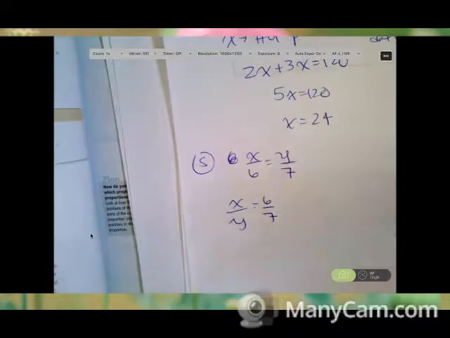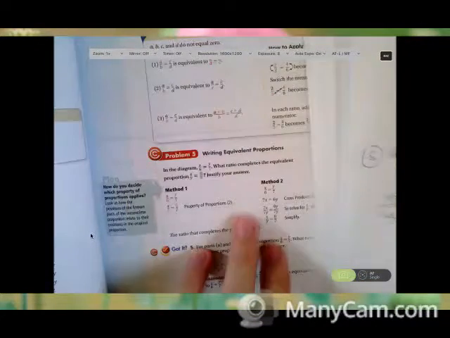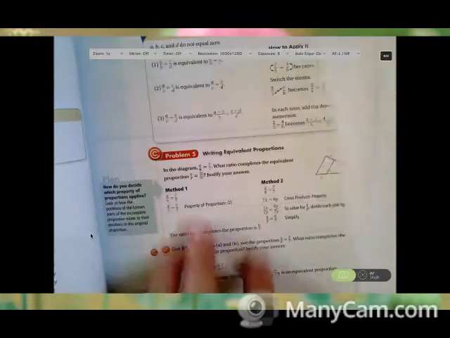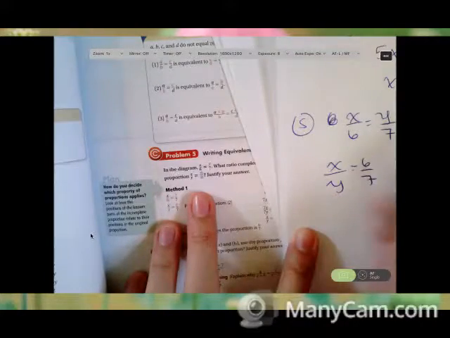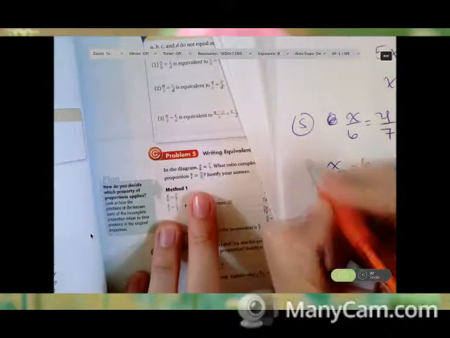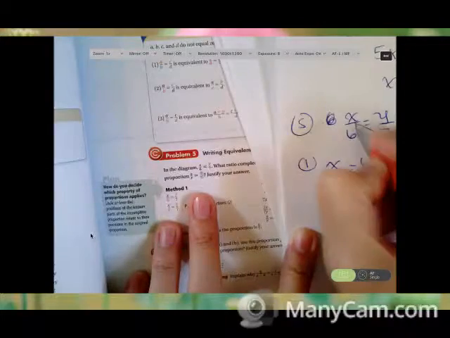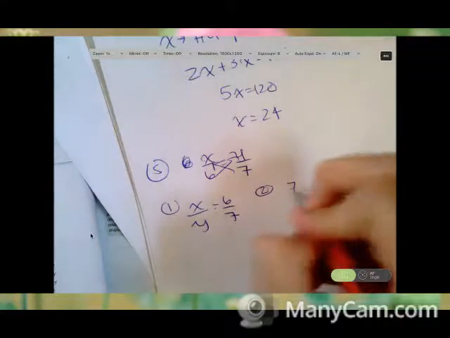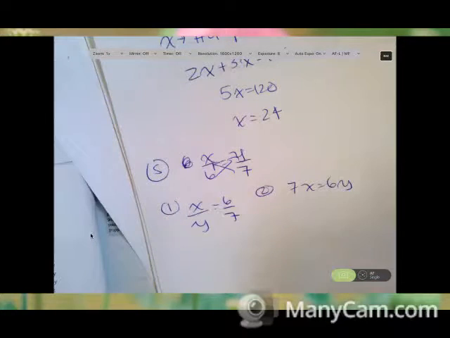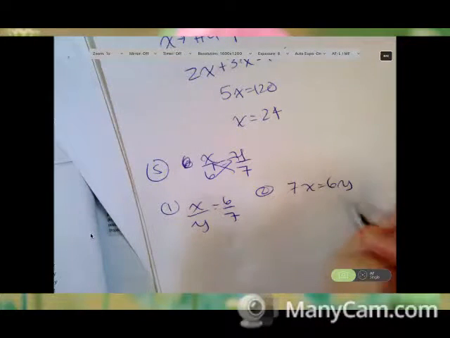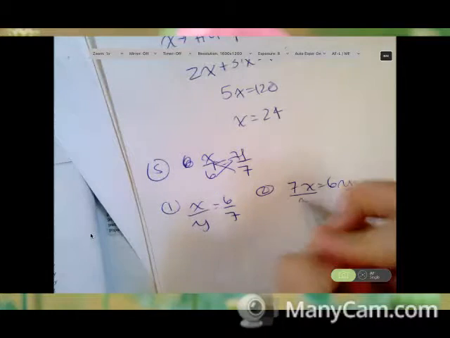Now, to look at it without the picture, you can simply solve for x over y. So that's method 1. Method 2 would be cross multiplying. So we're left with 7x equals 6y, and then we're solving for x over y. So divide each side by y first.